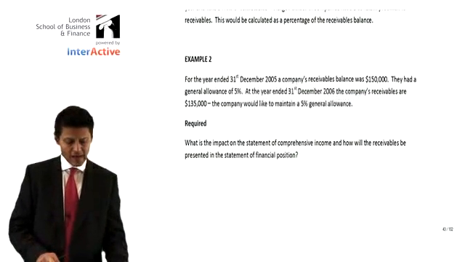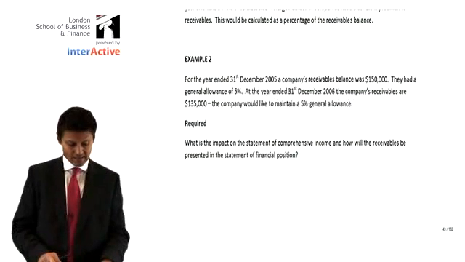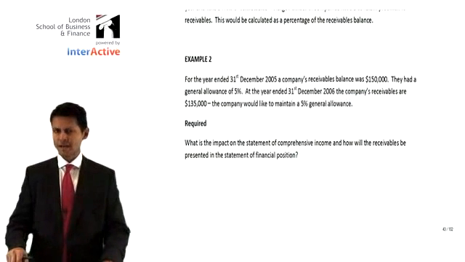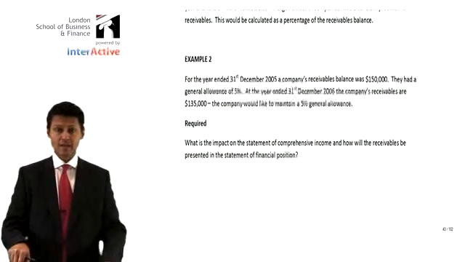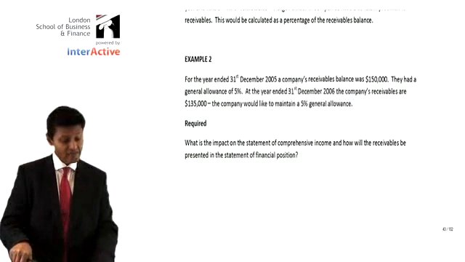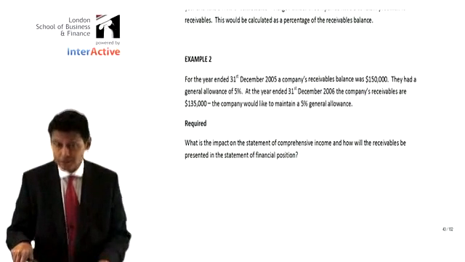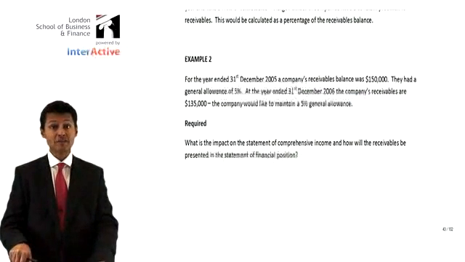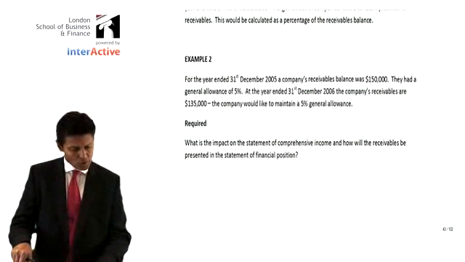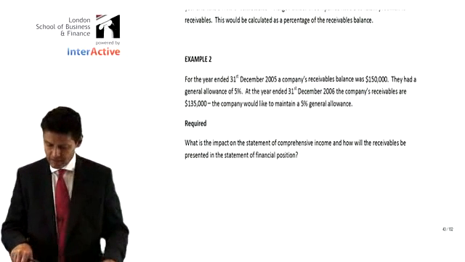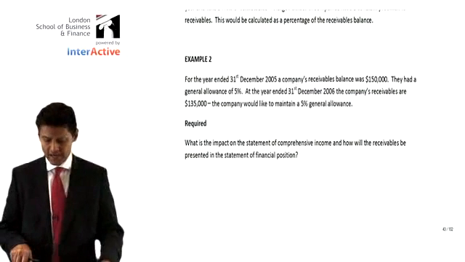They had a general allowance of 5%. Immediately I'm saying to myself, if I was facing that computer screen in the exam, 5% of 150 is, you're right, 7,500. You then have your 135,000 given to you at the end of the current year.